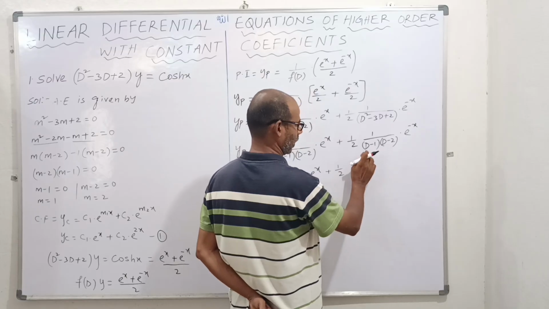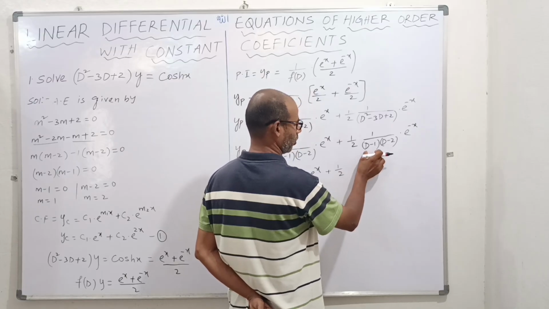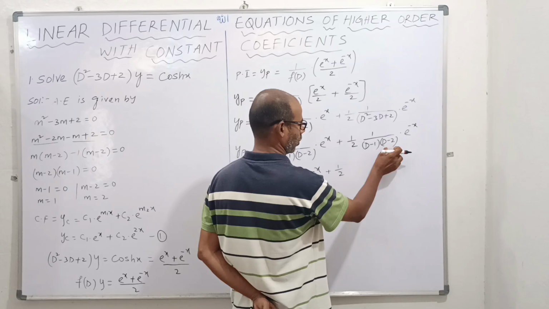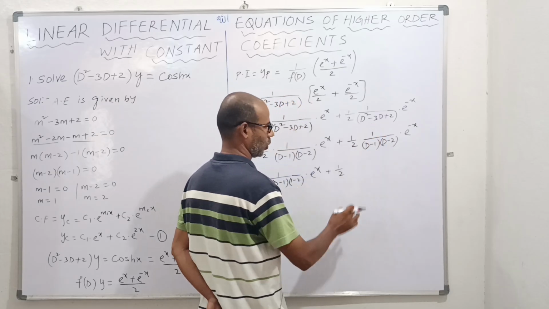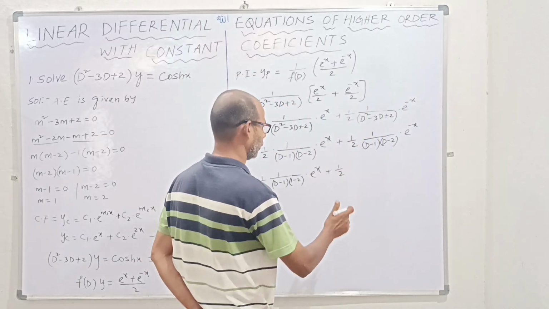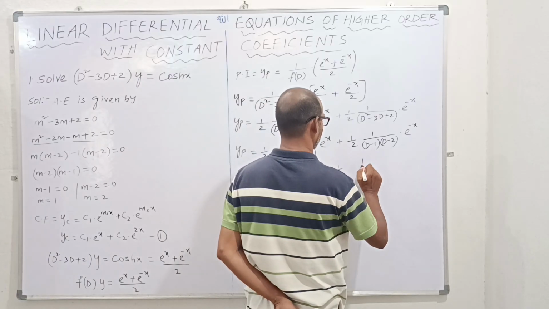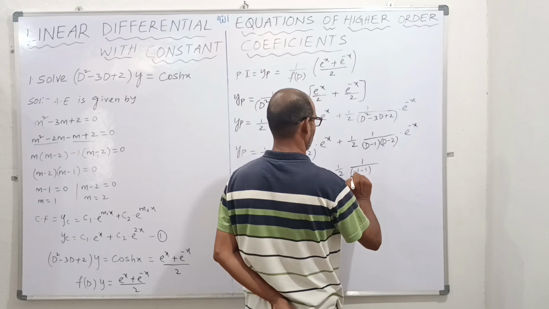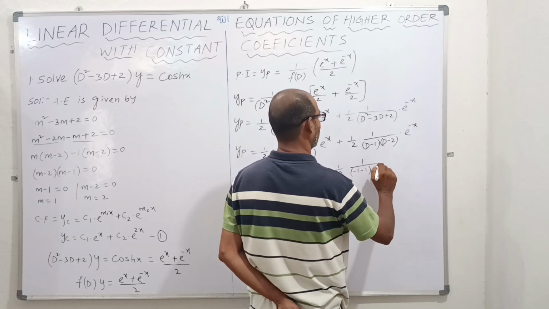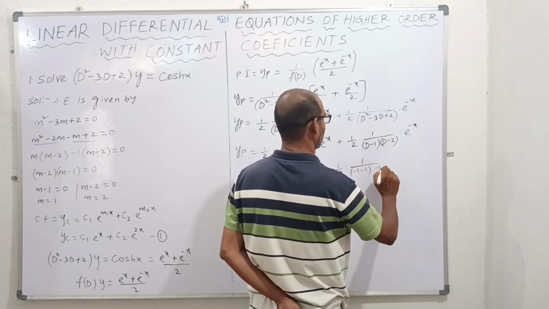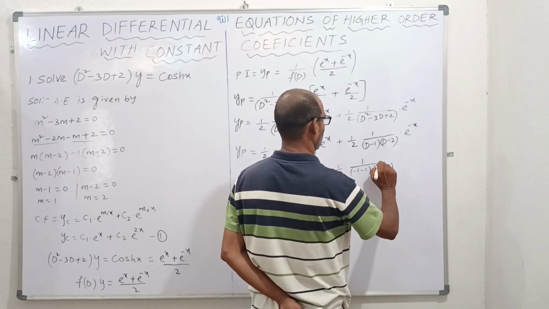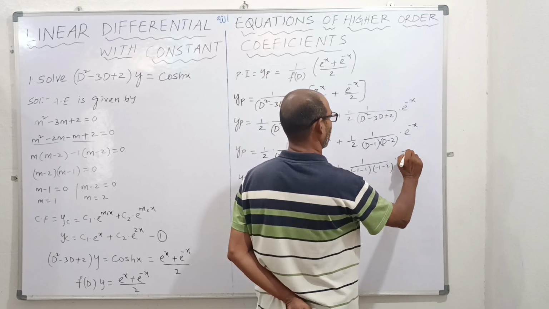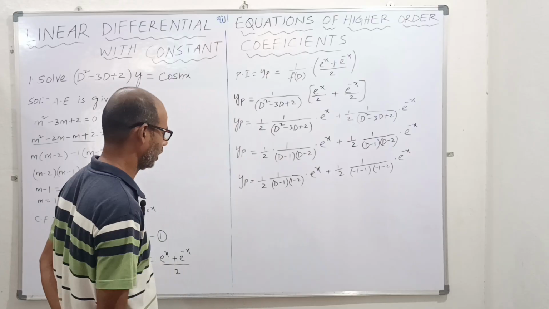If I put minus 1 here, this factor is not becoming 0, and this factor is also not becoming 0. So we can put it directly there. Therefore 1 upon minus 1 minus 1, and here minus 1 minus 2, into e power minus x, right?